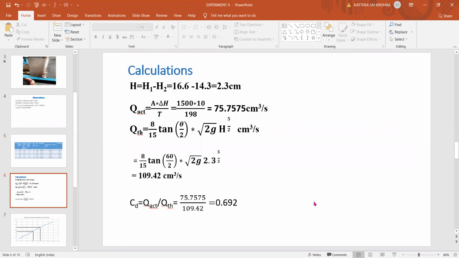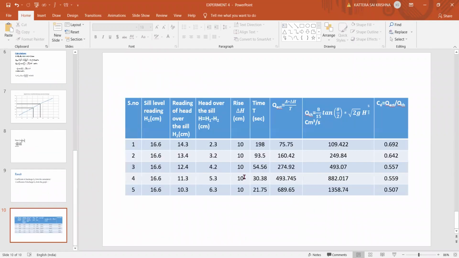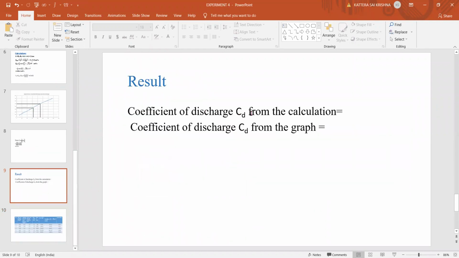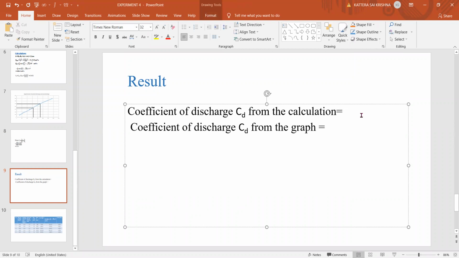Okay, now we'll go for the result value. The coefficient of discharge CD from the calculation: what did we get as the average of all 5 readings? 0.5914, 0.591. Right. Another answer, 0.589.